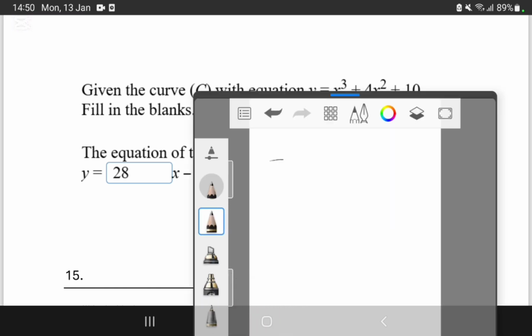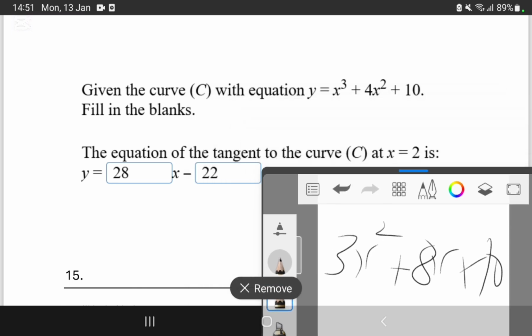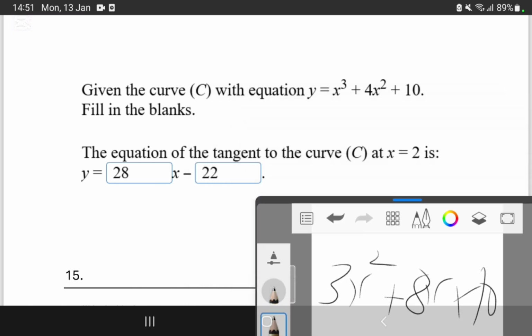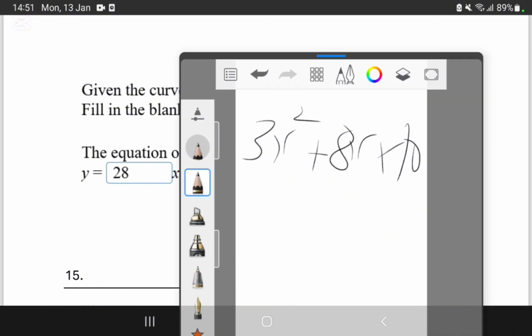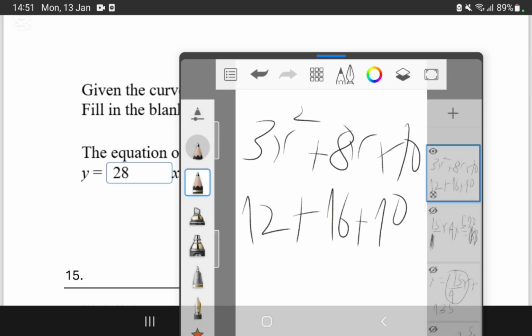So we're gonna do 3x squared plus 8x plus 10. And now to find the slope, we'll just substitute x by 2, which means 12 plus 16 plus 10, which is equal to 28, which is the slope.